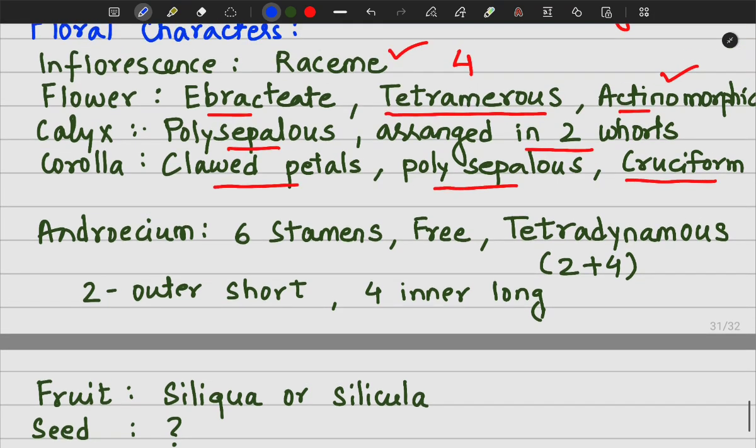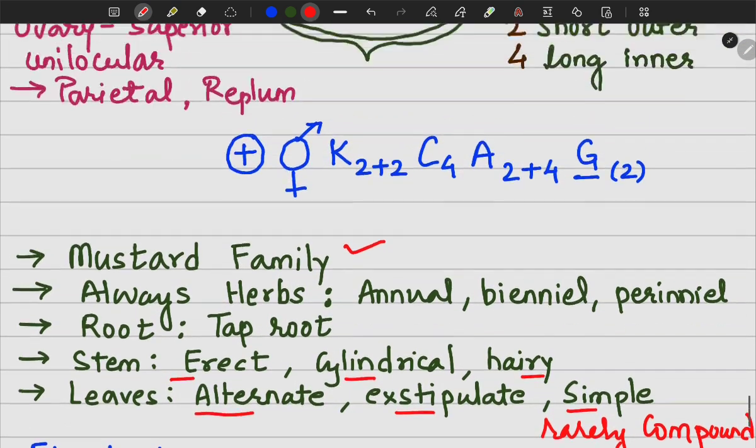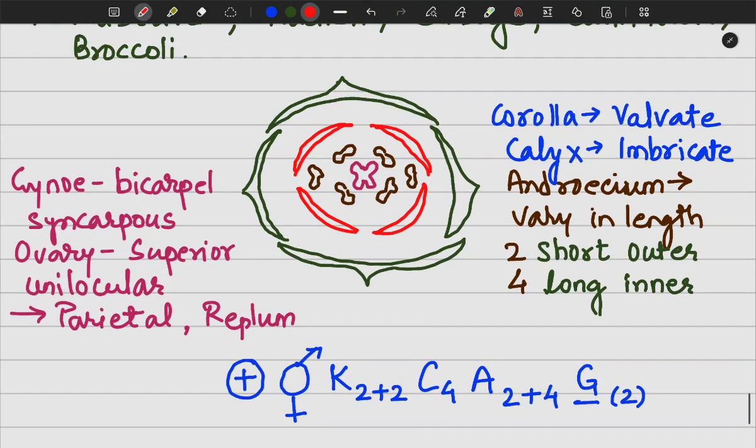Now the androecium has 6 stamens. They are free, that means they are polyandrous. Then the stamens are tetradynamous or 2 plus 4. The stamens are a total of 6, out of which 2 form the outer whorl which are short, and the 4 stamens form the inner whorl which are long, right?